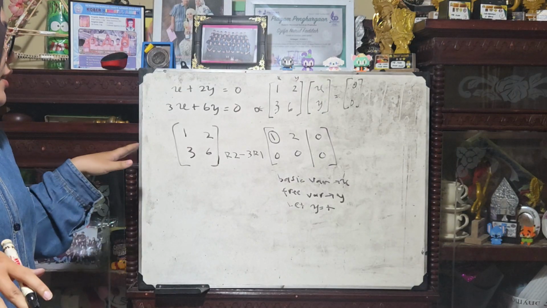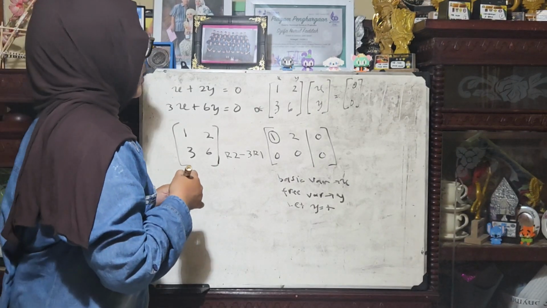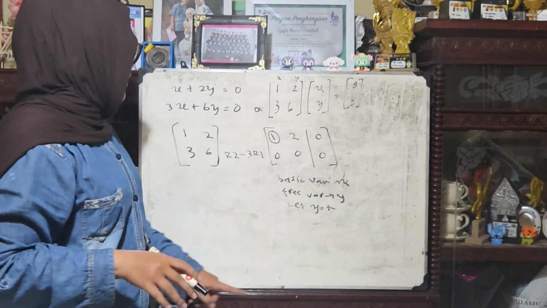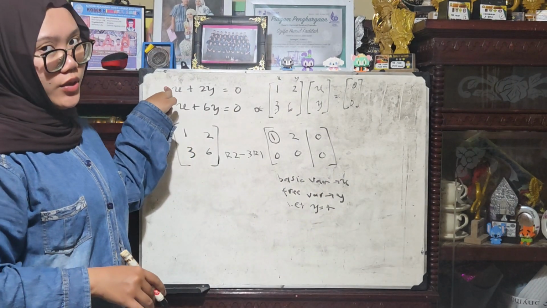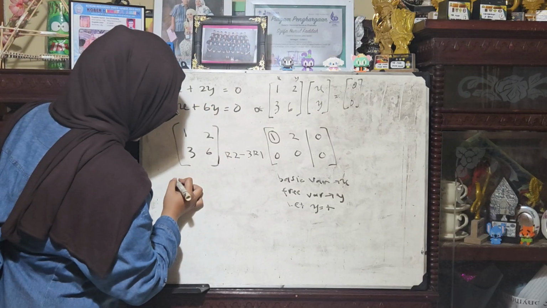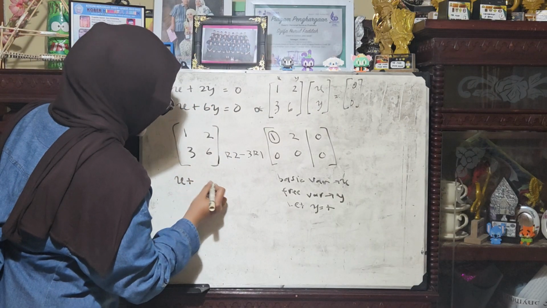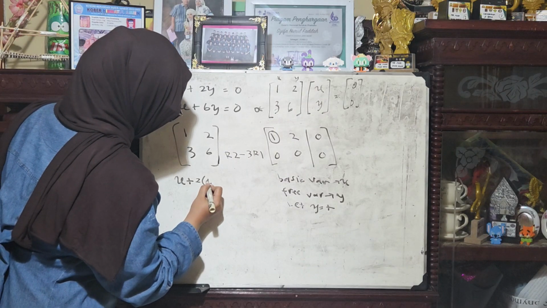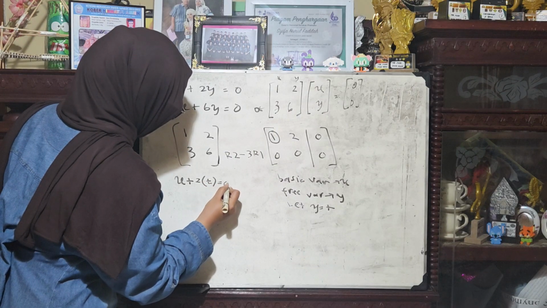After that, we are going to substitute the t into our first equation. Our equation used to be like this, but we can have it like x plus 2t equals 0.